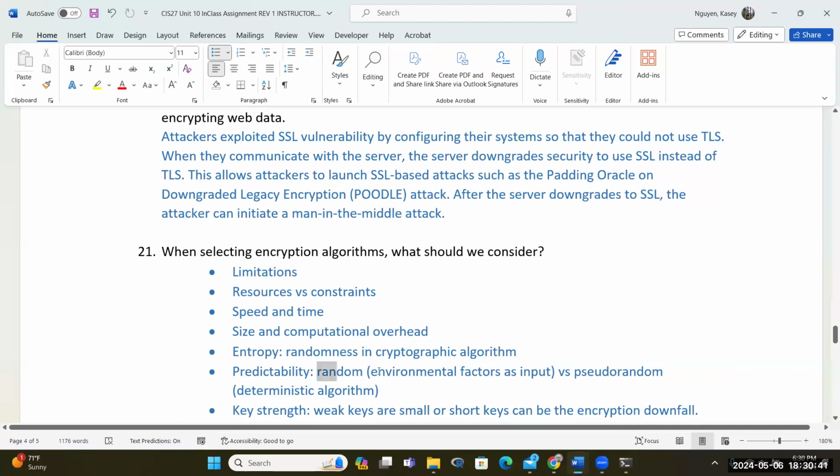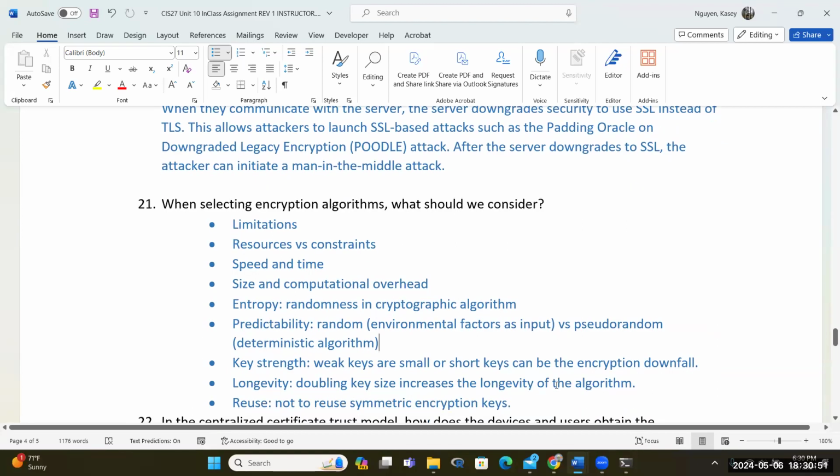A true random needs to have an environmental input, like system time, in its environment. Pseudo-random is deterministic because it starts at the same place, like the seed is the same.